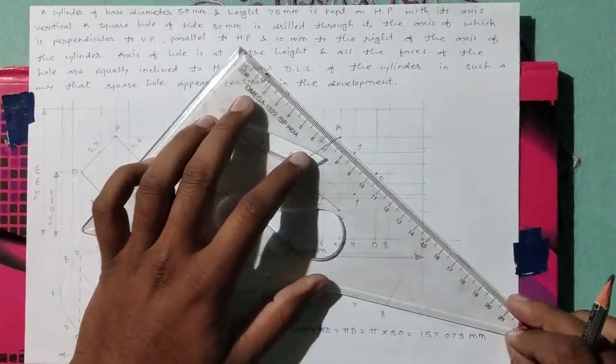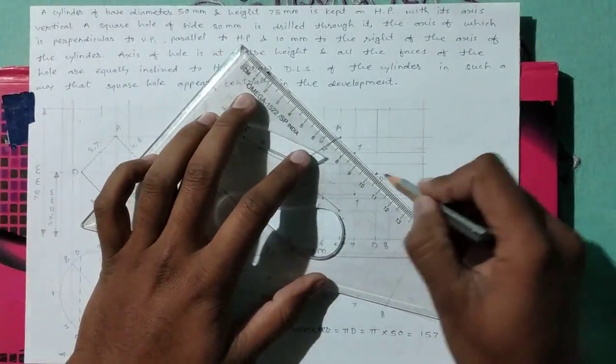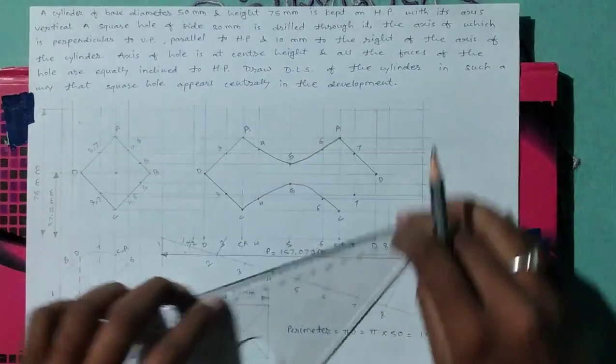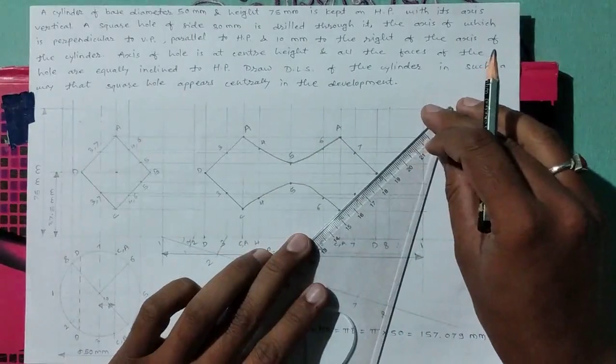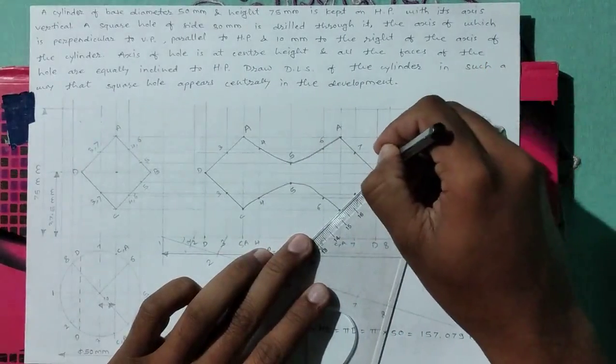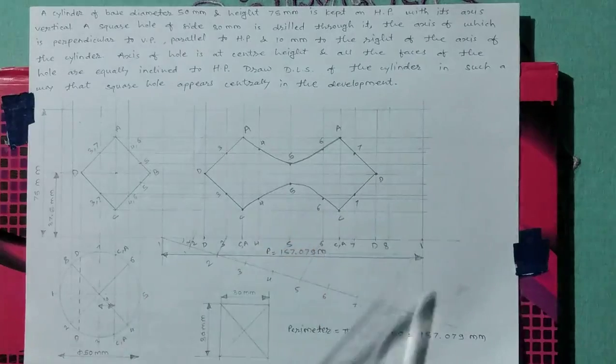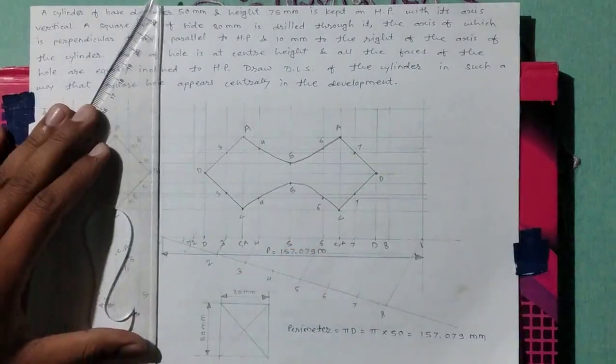Again join these points. Again we have to join all these points. After that we have to draw the rectangle.